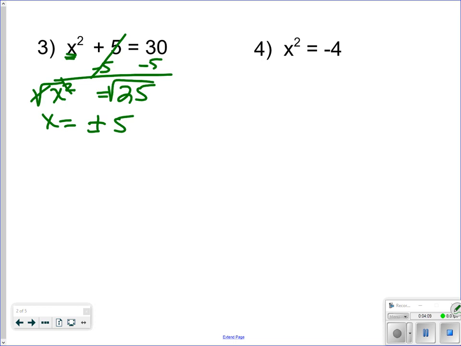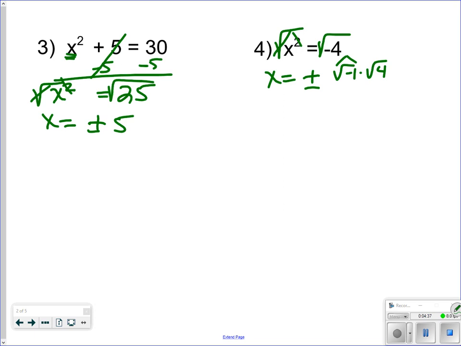Right, the next one, number 4. X squared is already by itself, so we can go ahead and do our square root on both sides. Cancel, x equals plus minus. Now, you notice underneath that square root sign it says negative 4. So the other day we talked about reducing radicals, and what do you do if you've got a negative sign? We know that 4 comes from 2, but you've got a negative sign in there, so it's negative 1 times 4.